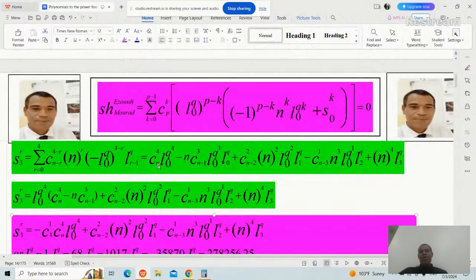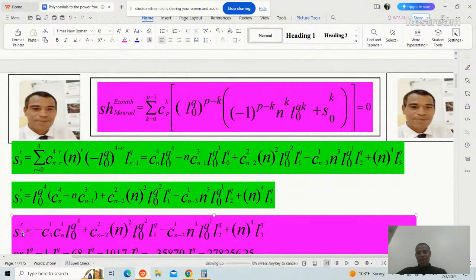When expanding or simplifying this, or writing it in its lowest term, you will get S3 is equal to negative combination 3 choose 1 times combination n choose 4 times L0 for the q to the power 4, plus combination n minus 2 choose 2 and squared L0 for the q squared times L1 of O the q, minus combination n minus 3 choose 1 n cubed, learners, times L0 for the q times L2 of 4 dq, plus n raised to the power 4 times L3.